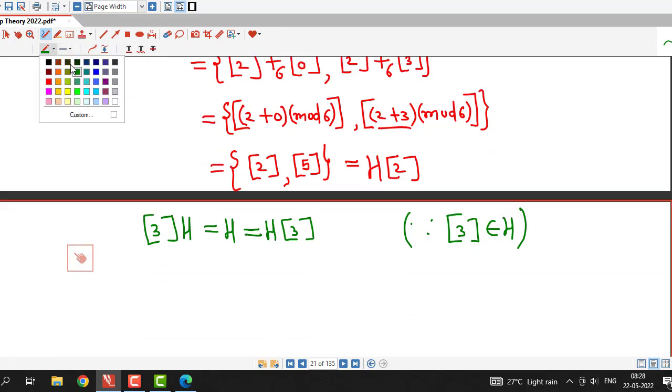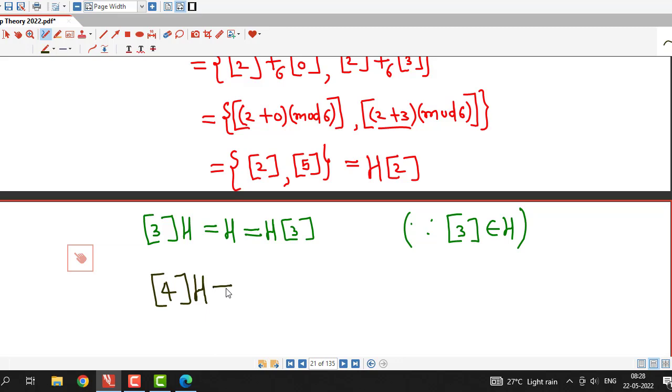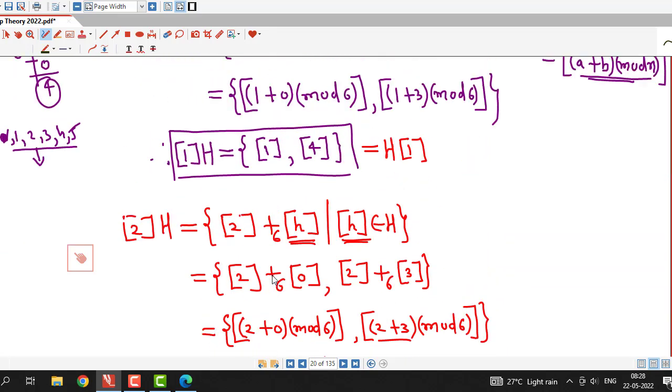Then we take 4, so 4H, and we check whether 4 is present somewhere in any coset, and we observe that 4 is present in this left coset.